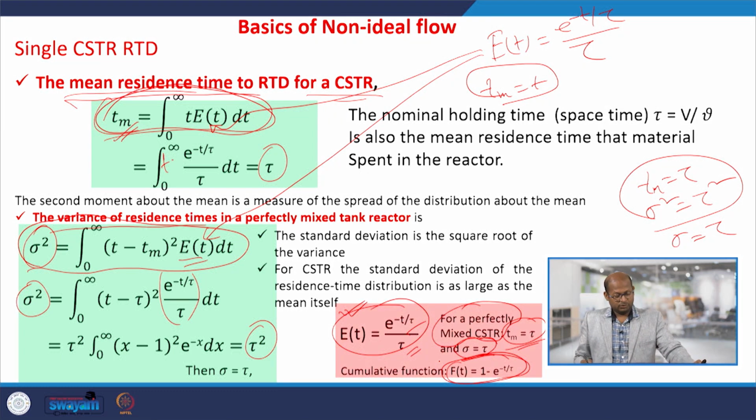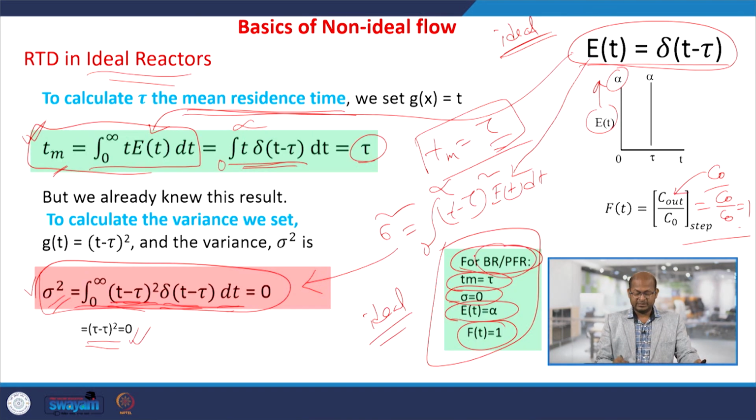For batch reactors and plug flow reactors, T_m equals tau if it is ideal, sigma equals 0, E(t) equals infinity, F(t) equals 1.